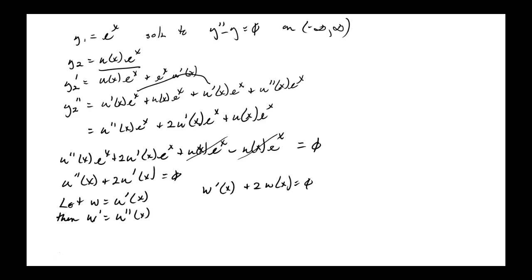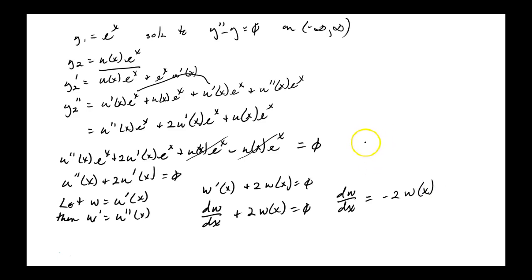Now, let's write this as dw dx plus 2w of x is equal to 0. Now let's write that as dw dx is equal to minus 2w of x. Legal so far?